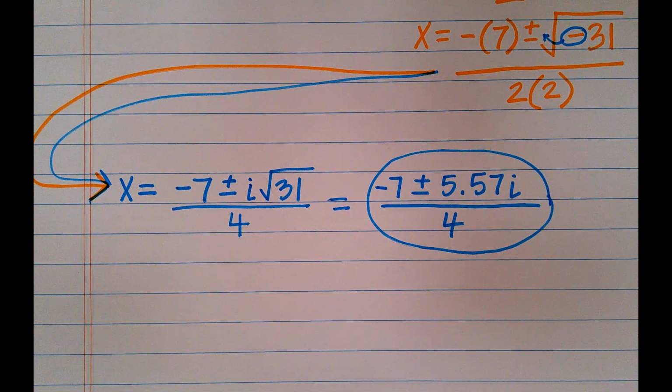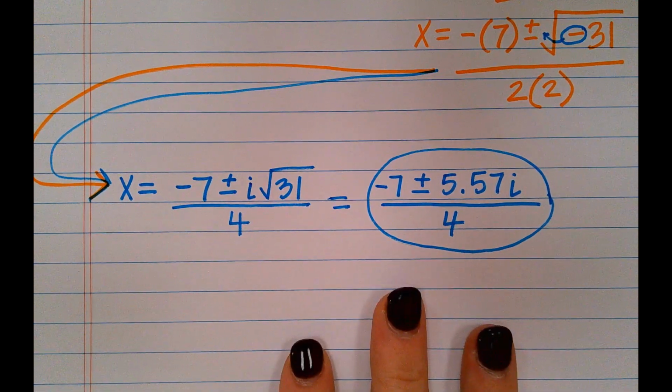Well, I'm happy to show more examples of this, but honestly, it's not something I'm going to test you over. Just wanted to let you know that it does exist and you may see it one day in the future, especially if you decide to pursue a math career. Don't know that any of you are, but if you decide, it exists.